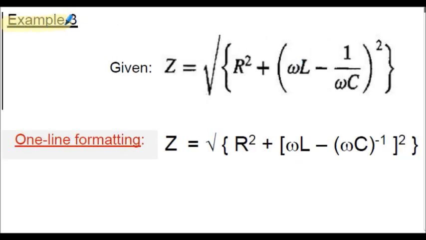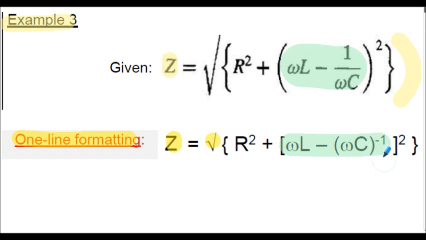Example 3, again another quite complicated equation, subject is z initially. You can see the formula here effectively has two lines shown. Again using the one-line formatting, and z equals 2. This time I've kept the square root, but you can see inside the square root I've replaced the terms in the bracket here with this expression here.